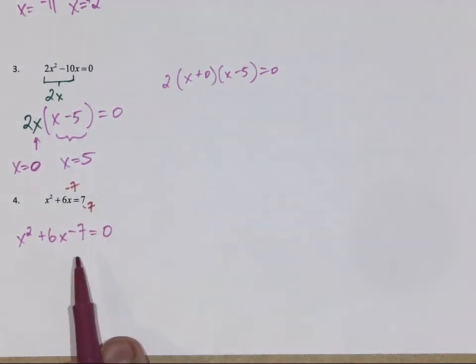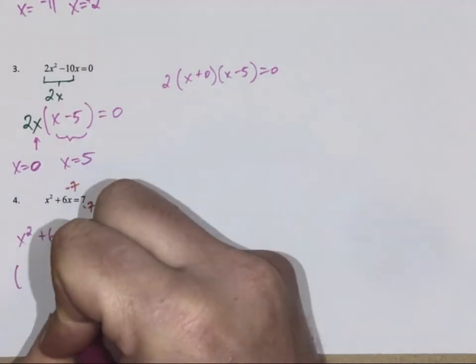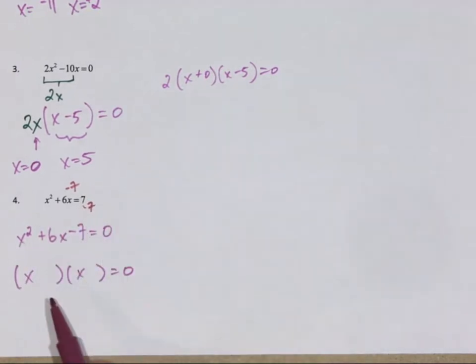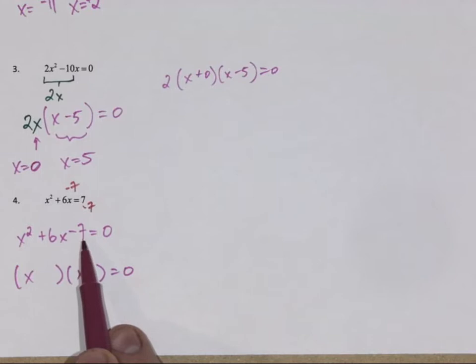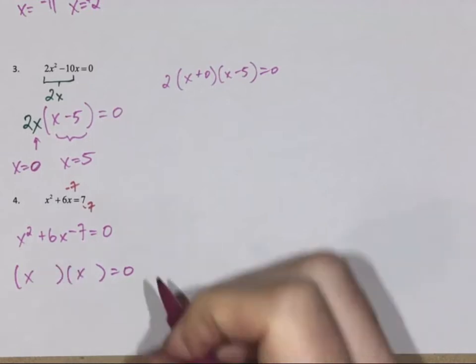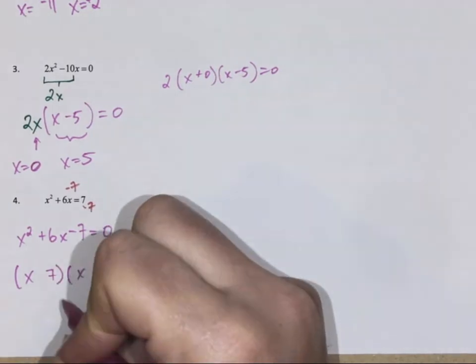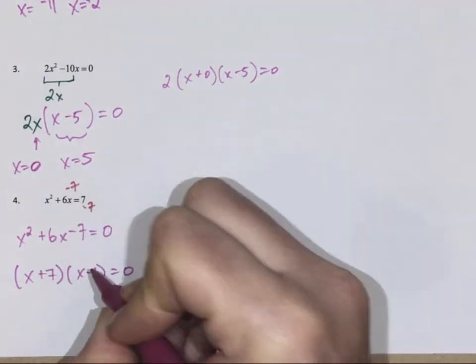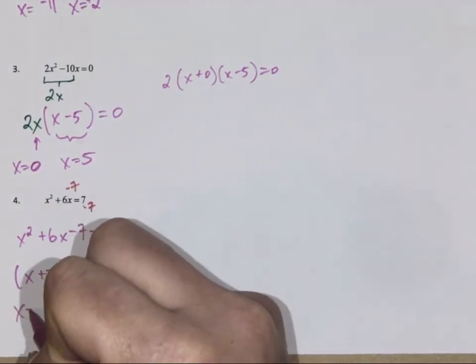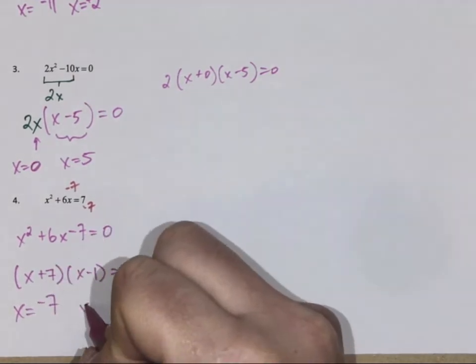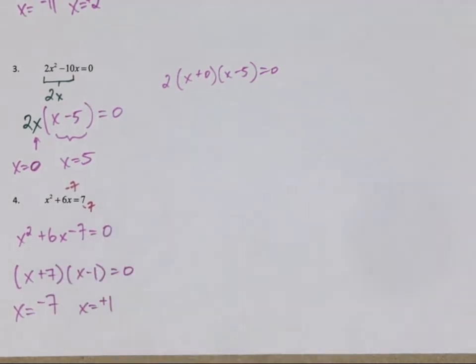I'm going to factor it and use my magic numbers, which is going to give x plus or minus a number times x plus or minus a number. Two numbers that multiply to negative 7 and add to 6 are 7 and 1. Because it's going to add to positive 6, it's plus 7, minus 1. That means my x-intercepts, or my solutions, are negative 7 and positive 1.